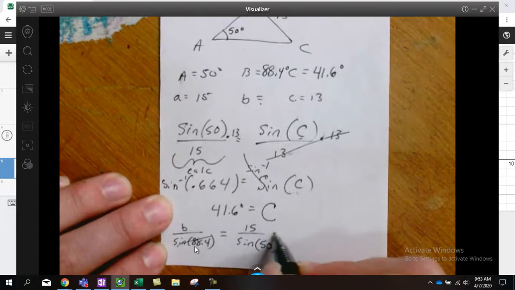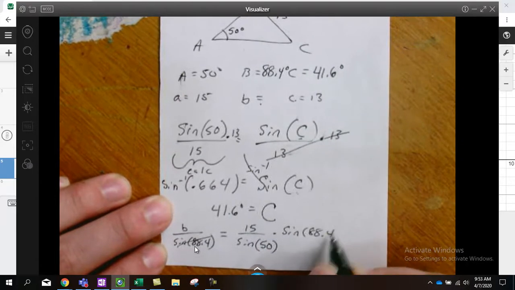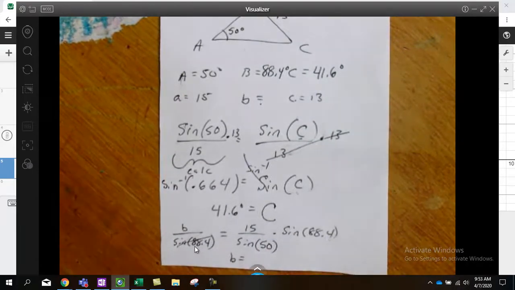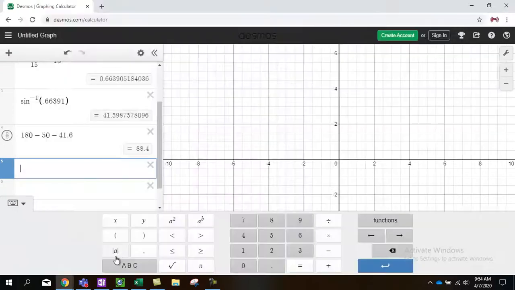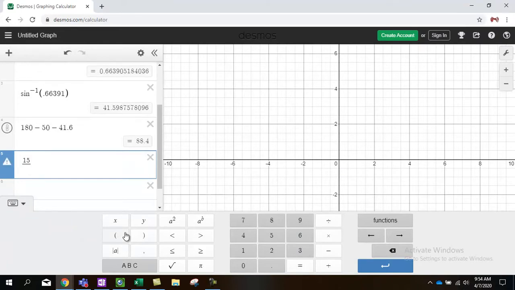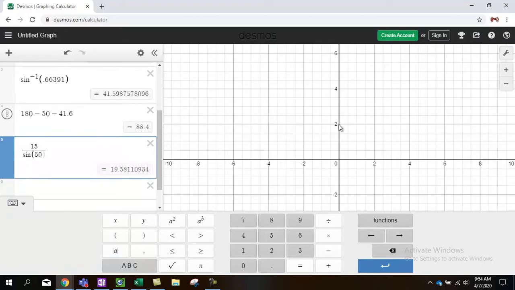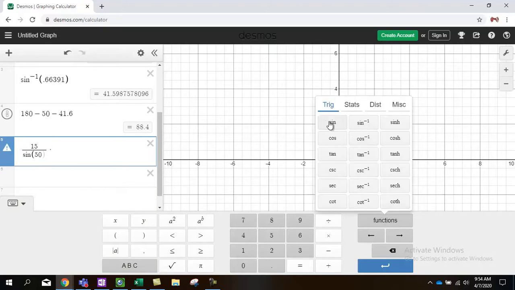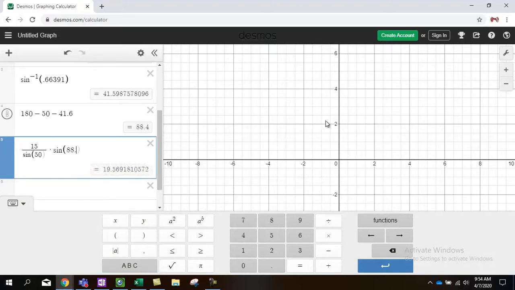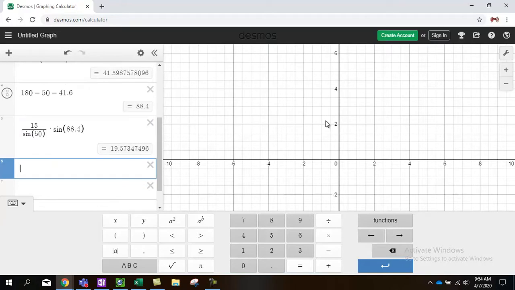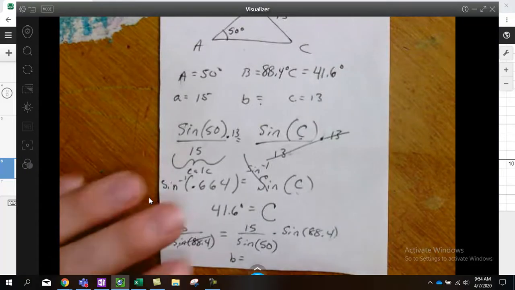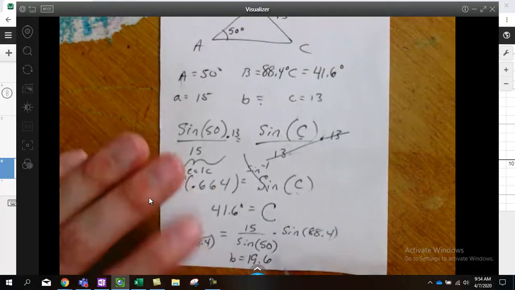If we multiply by the sine of 88.4, we get that little b equals 15 divided by the sine of 50, times the sine of 88.4, and we get 19.6.